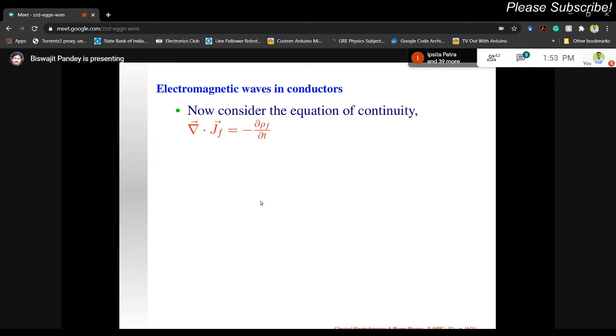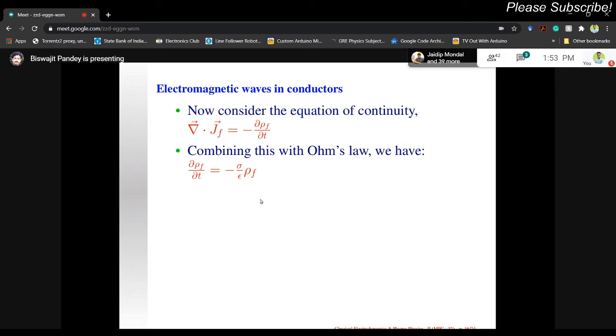If I use that, we have an equation like this: del rho free by del t equal to minus sigma by epsilon times rho free. And you can write d rho free by rho free equal to minus sigma by epsilon times dt.